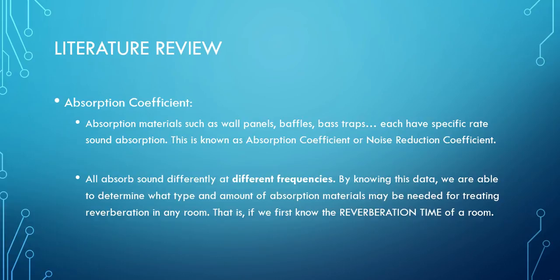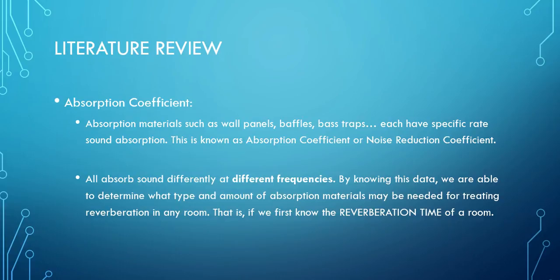And now every absorbent material, whether it's wall panels or baffles or bass traps, has what's called an absorption coefficient, which is the amount of sound that the product or the foam is able to absorb and how much it can reduce the sound, so it will not be as big as it was when it first came to be absorbed by the wall panel.